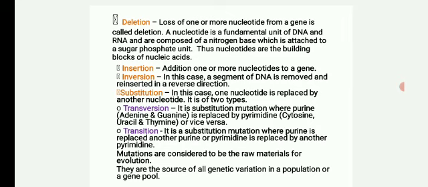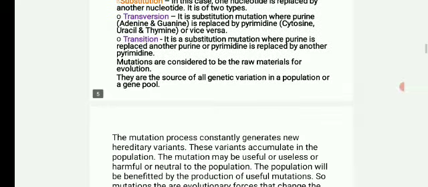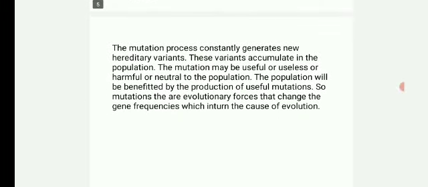Mutations are considered to be the raw materials for evolution. They are the source of all genetic variation in a population or in a gene pool. The mutation process constantly generates new hereditary variants.